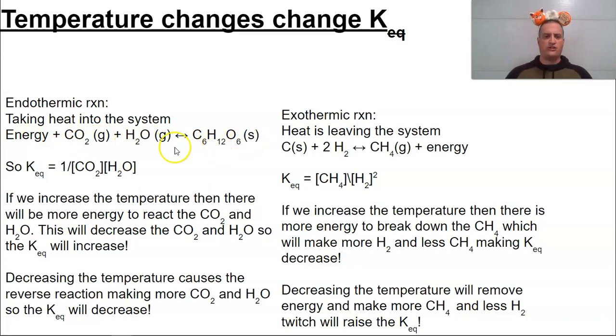Now in this case, we've got sugar, so it's 1 over the reactants. If we increase the temperature, there'll be more energy to react the reactants. This will decrease the concentration of the reactants, therefore KEQ will increase. Decreasing the temperature causes the reverse reaction, making more CO2 and H2O, therefore KEQ will decrease.